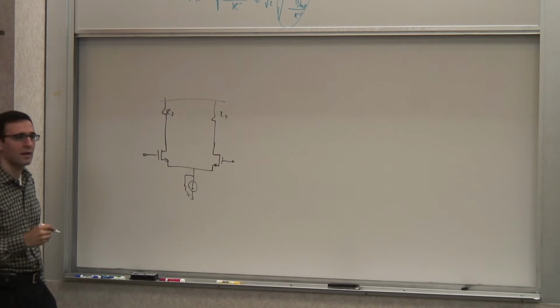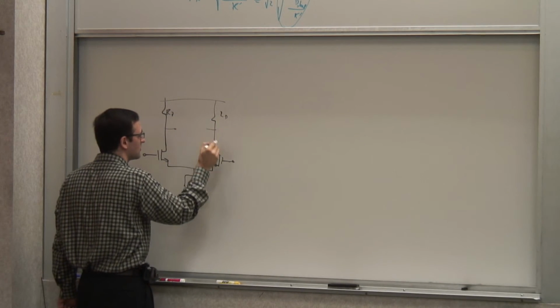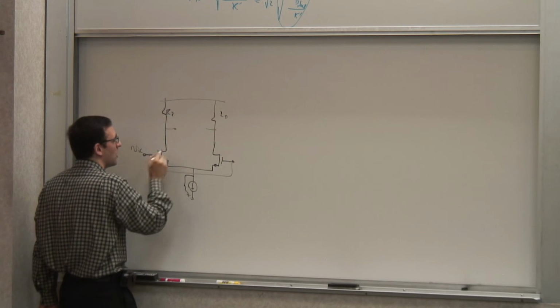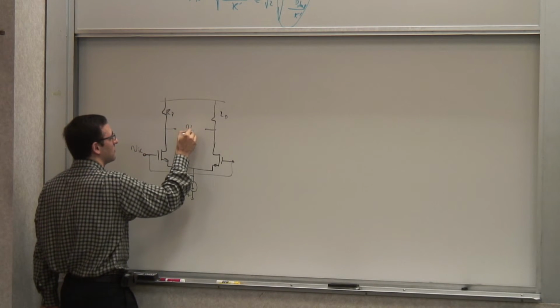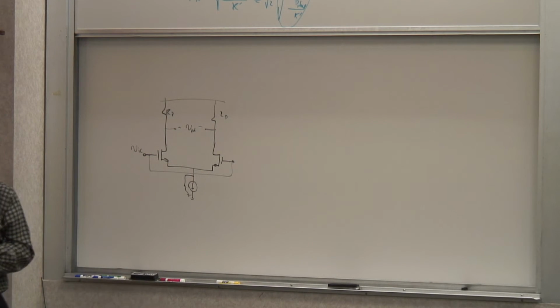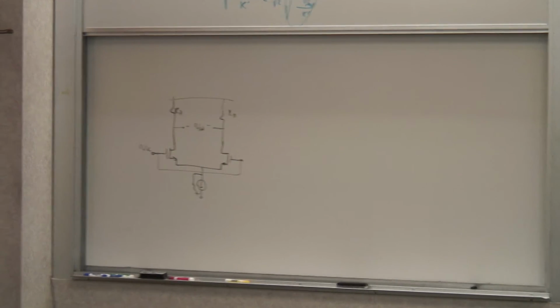What can cause a common mode signal, so if I short circuit these two and apply VIC, to turn into a differential signal? Can you think of something?